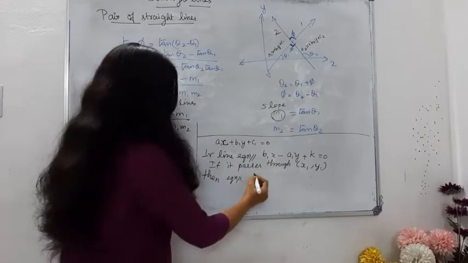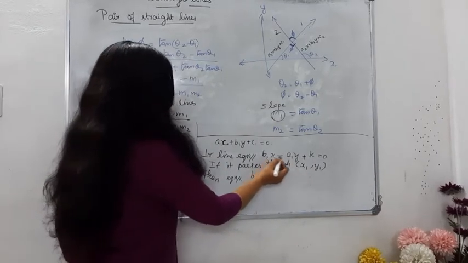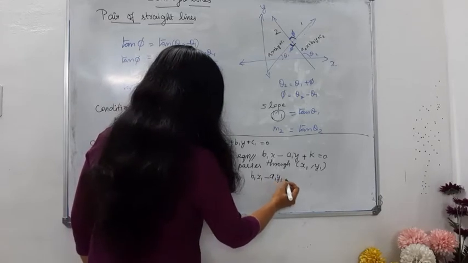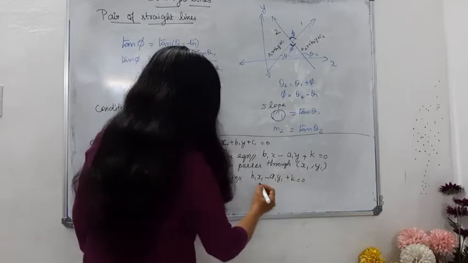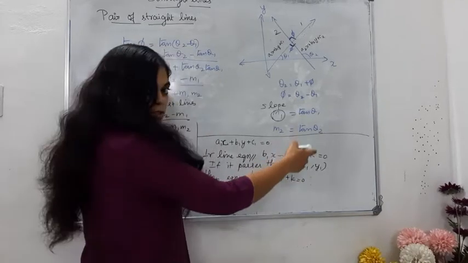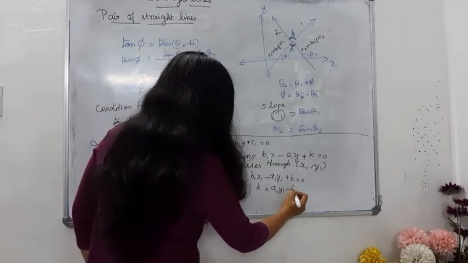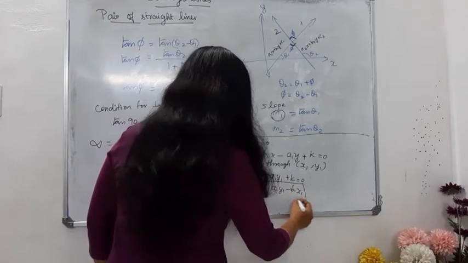Here what happens? Instead of x we substitute x1, instead of y we substitute y1: b1x1 minus a1y1 plus k is equal to 0. What is k now? Just substitute everything: k is equal to a1y1 minus b1x1. Okay, so this is the condition.